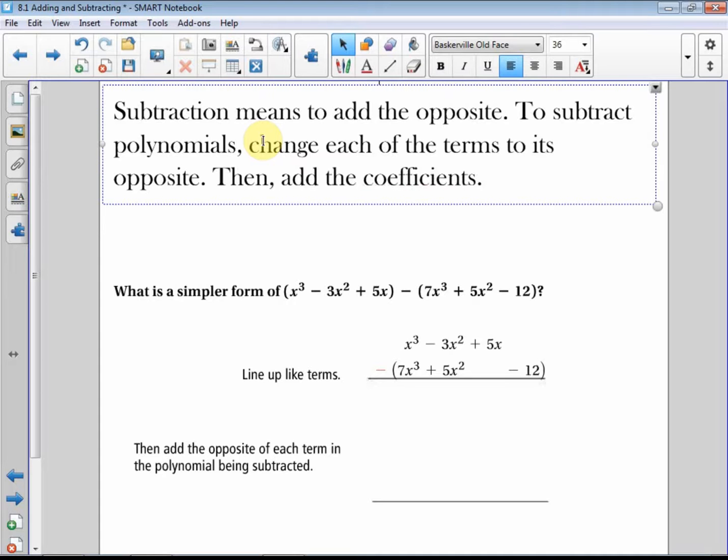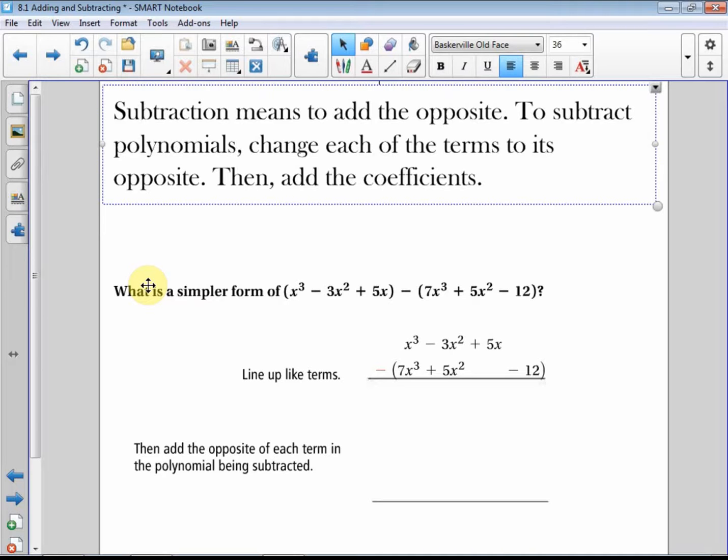Coefficients, it's a rather hard word. Anyway, so let's dive right into an example. What is a simpler form of x cubed minus 3x squared plus 5x minus 7x cubed plus 5x squared minus 12? We need to line up our like terms.